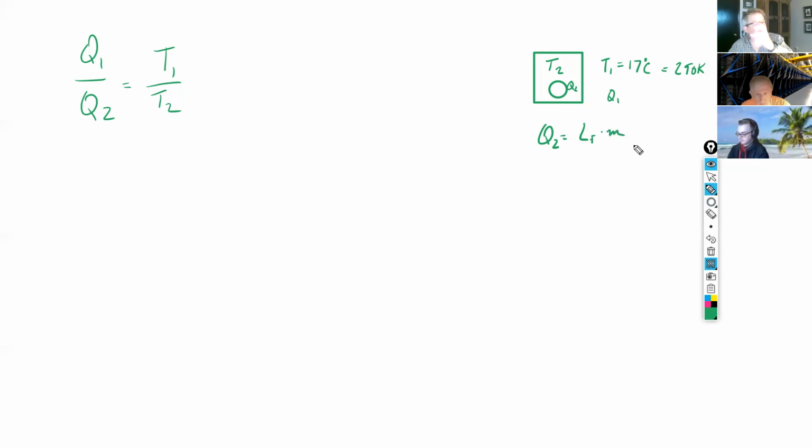That's how much heat we need to put in there to freeze the water. So Q2, and I'm not going to write the whole numbers out, comes to be 6.68 times 10 to the 6th joules. Sorry, that's how much heat you need to extract to freeze the ice.